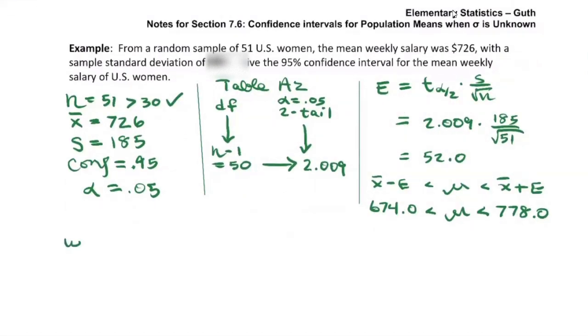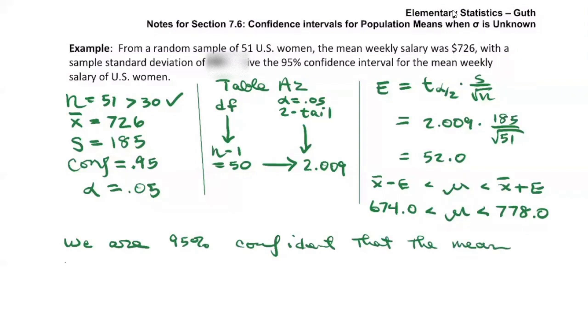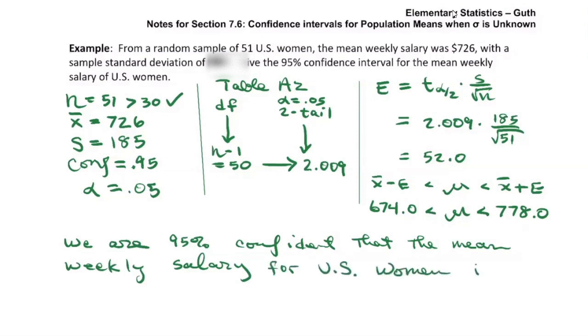I'll say we are 95% confident that the mean weekly salary for U.S. women is between 674.